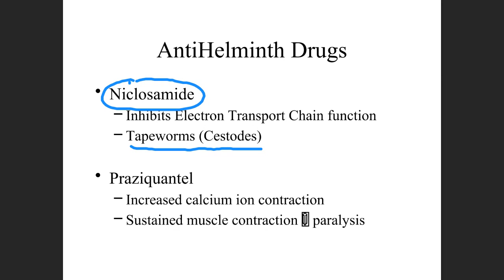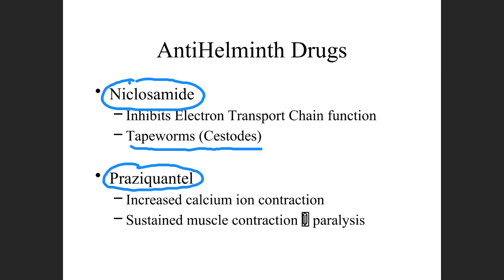All right, praziquantel. This particular anti-worm medication can actually be used for a lot of different worms. It can be used for tapeworms and pinworms and other types of roundworms as well. And what this anti-helminth drug does is it causes the muscles within the worm to permanently stay in a contracted state.